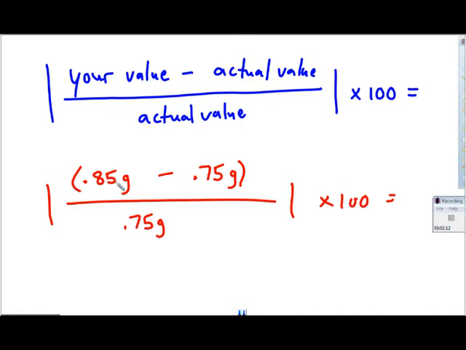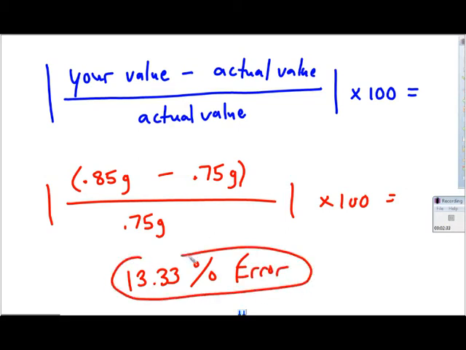So we get 0.85 minus 0.75 is 0.1. 0.1 divided by 0.75 is 0.13333. Times that by 100, and we get your group's percent error was 13.33%. Alright, so that's how you do percent error analysis.